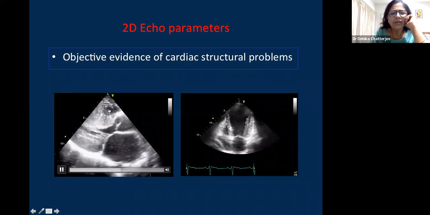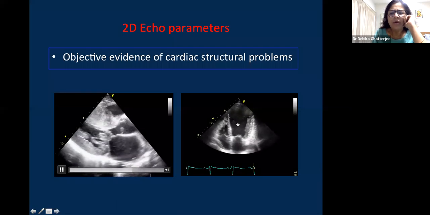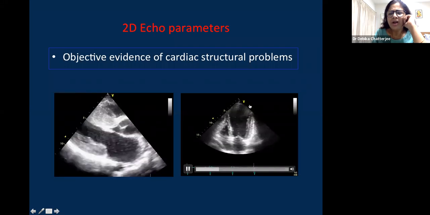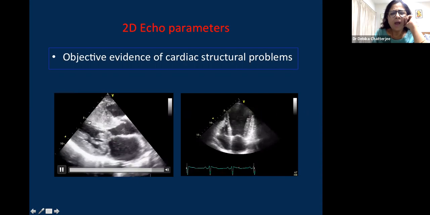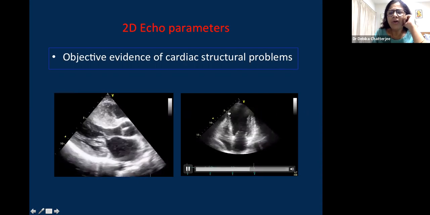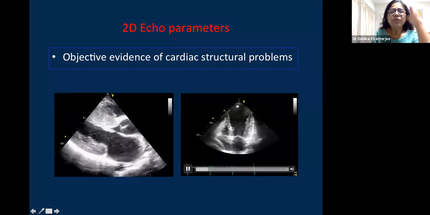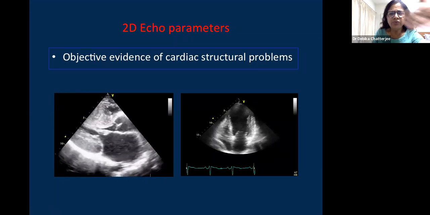This is a case of asymmetrical septal hypertrophy. Or if you look here, this is a patient where there is a large infarction in the LAD territory. So we know hypertrophic cardiomyopathy or ischemic myocardium cannot relax. So these are the patients which will have the diastolic dysfunction. So this is the objective evidence from 2D echo.